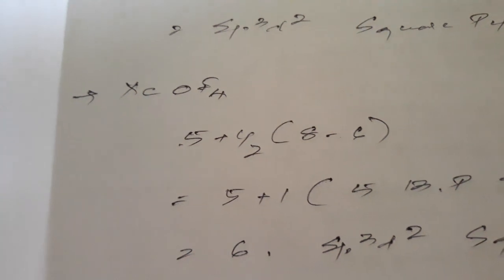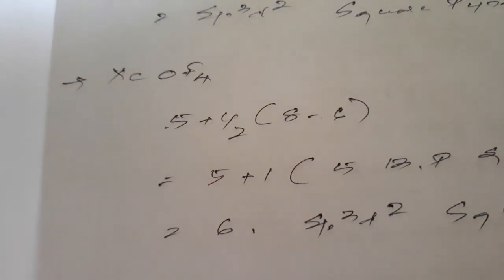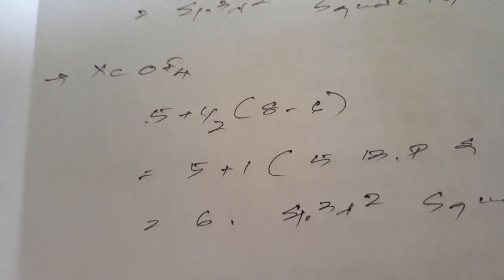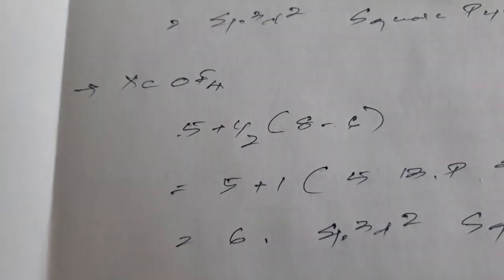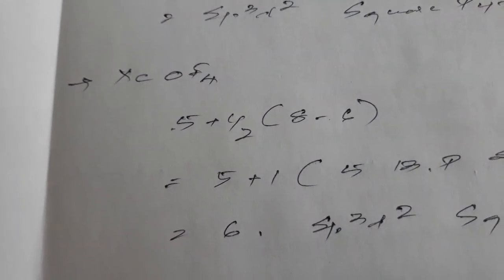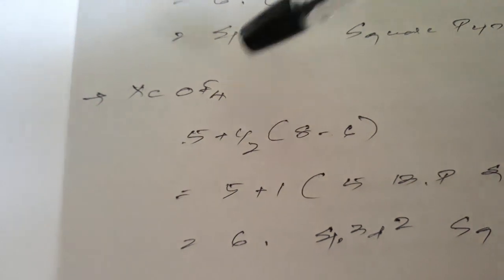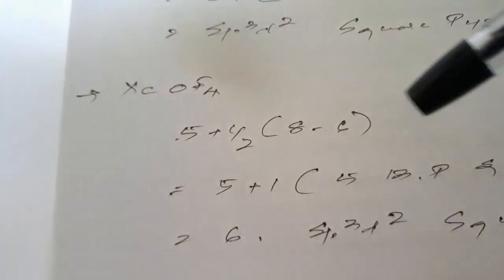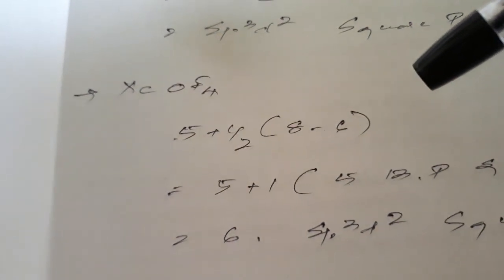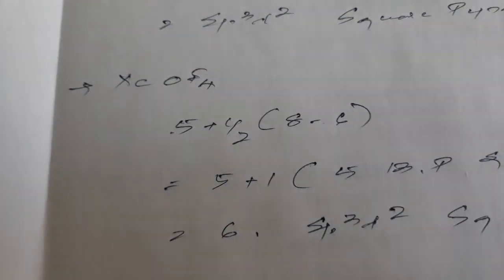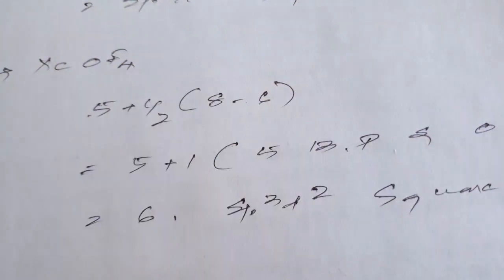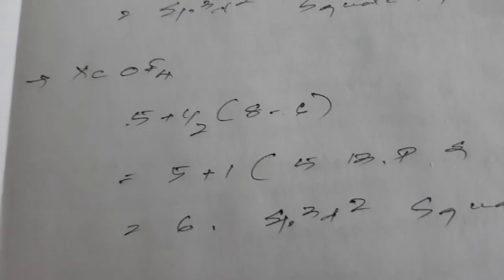And another example, XeOF4. Here also the surrounding atoms are 5, plus half of xenon having 8 electrons in its valence shell, minus 4 monovalent fluorine plus 1 bivalent oxygen. So the total is 6.